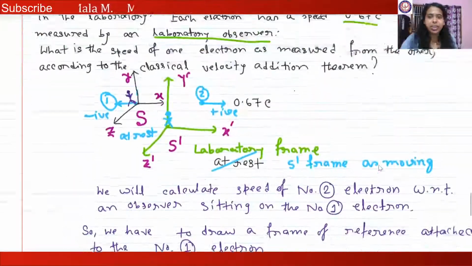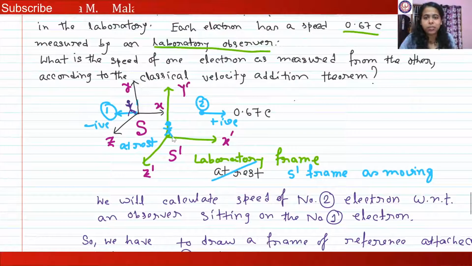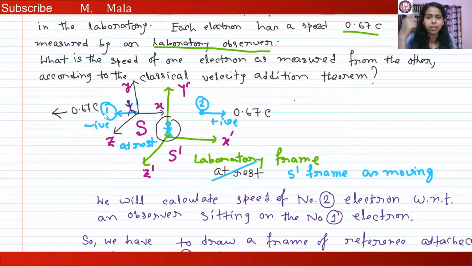So initially, this observer was at rest and electron 1 is moving in the negative x direction with a velocity of 0.67 c. With respect to this observer, this electron is moving in this direction with 0.67 c. So the relative velocity between these two frames is 0.67 c.